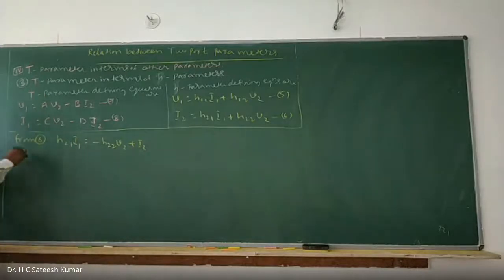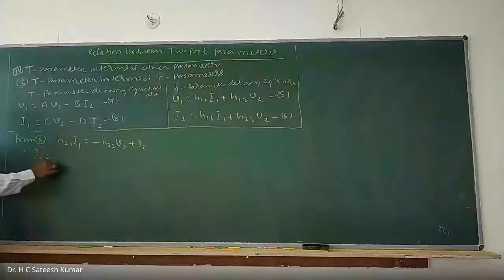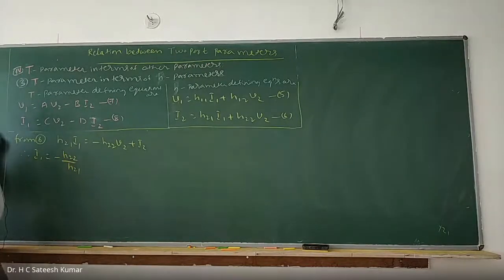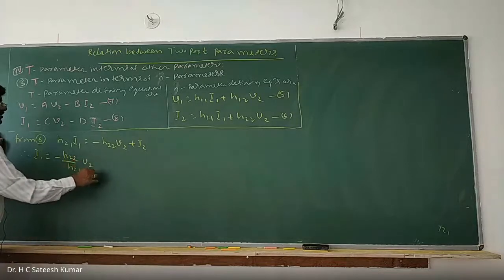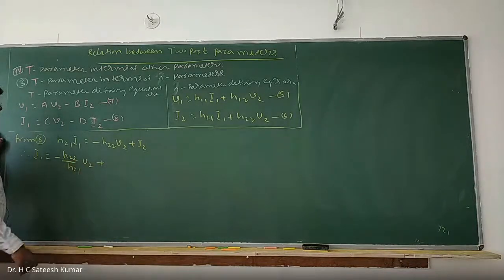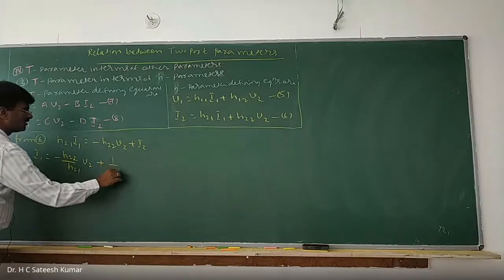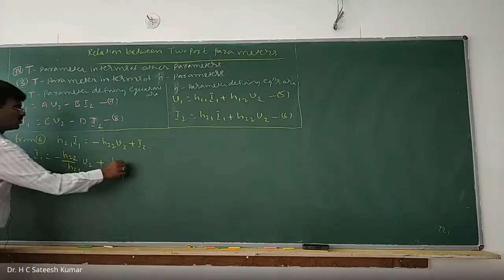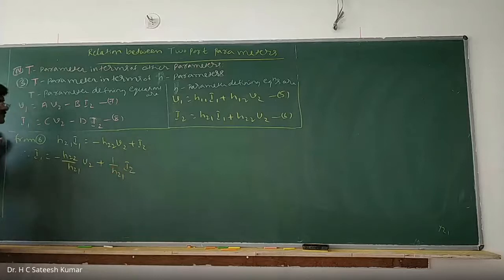Therefore I1 is equal to minus H22 divided by H21 into V2 plus 1 by H21 into I2.